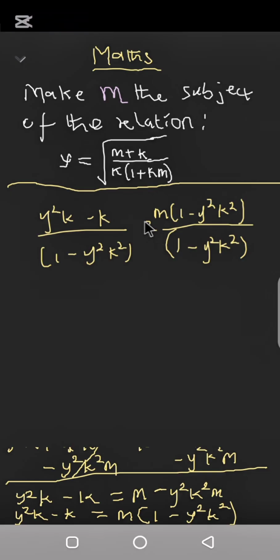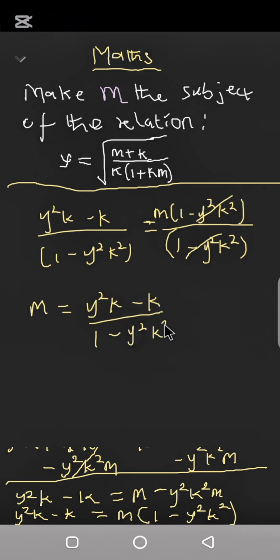So from the look of things here, m is now alone. This takes care of this. We will now have that our m is now equal to y squared k minus k, all divided by 1 minus y squared k squared. Now you can leave the bracket there.